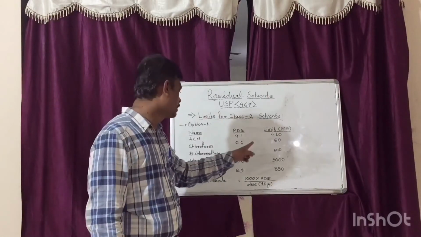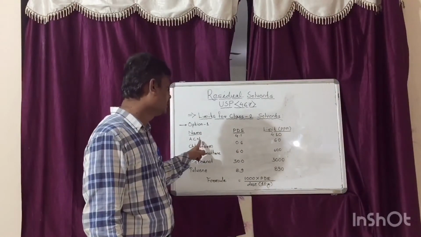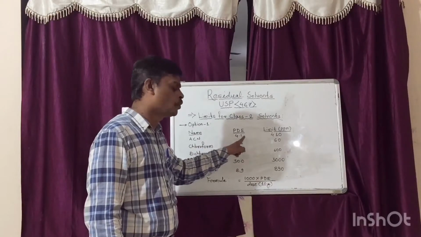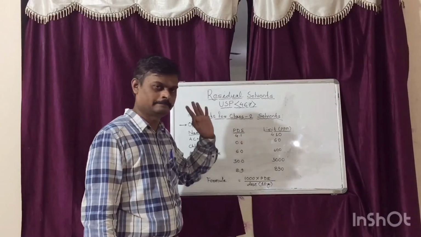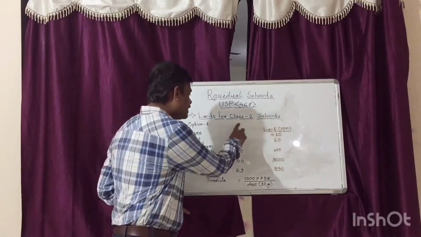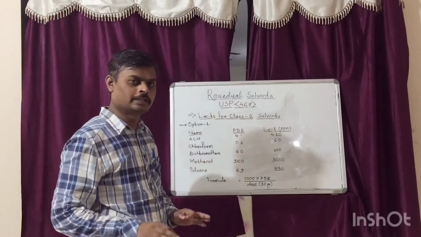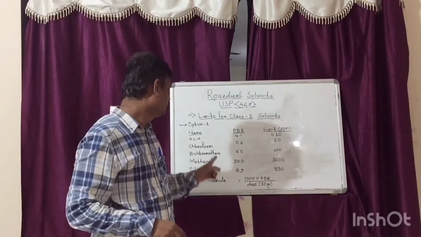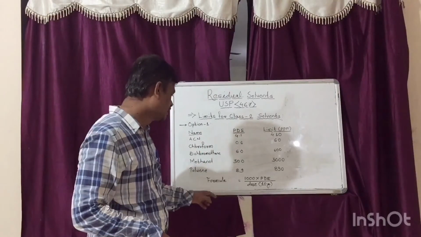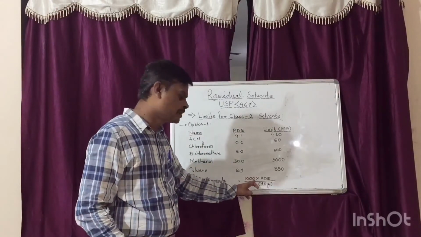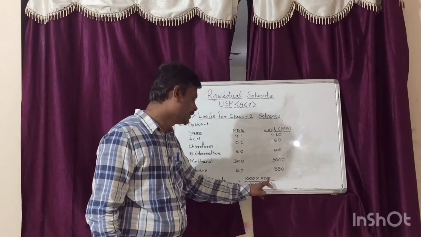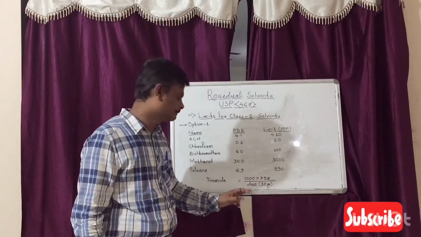permitted daily exposure for acetonitrile is 4.1 mg per day. So based on this PDE of acetonitrile, you can calculate the option 1 limit of acetonitrile using the formula 1000 into PDE divided by dose.